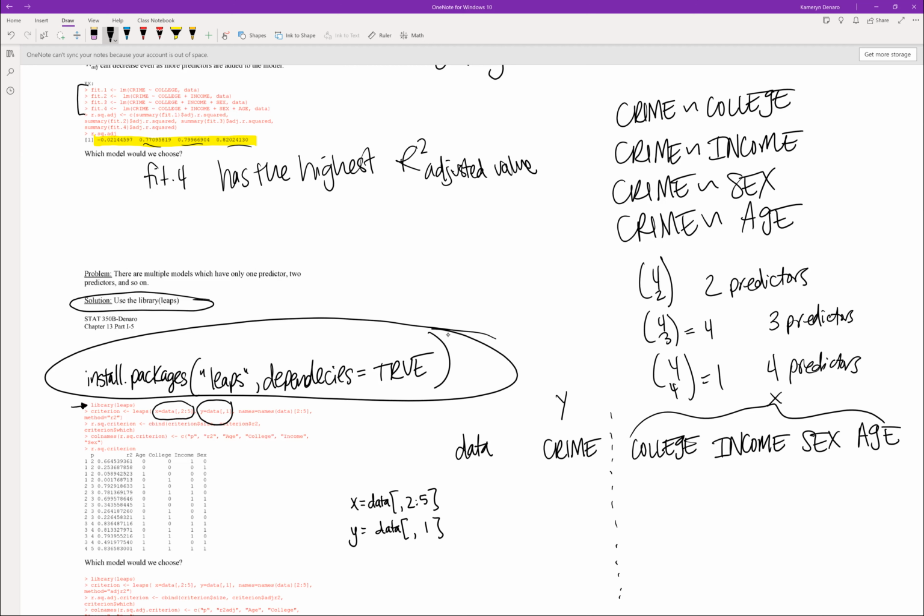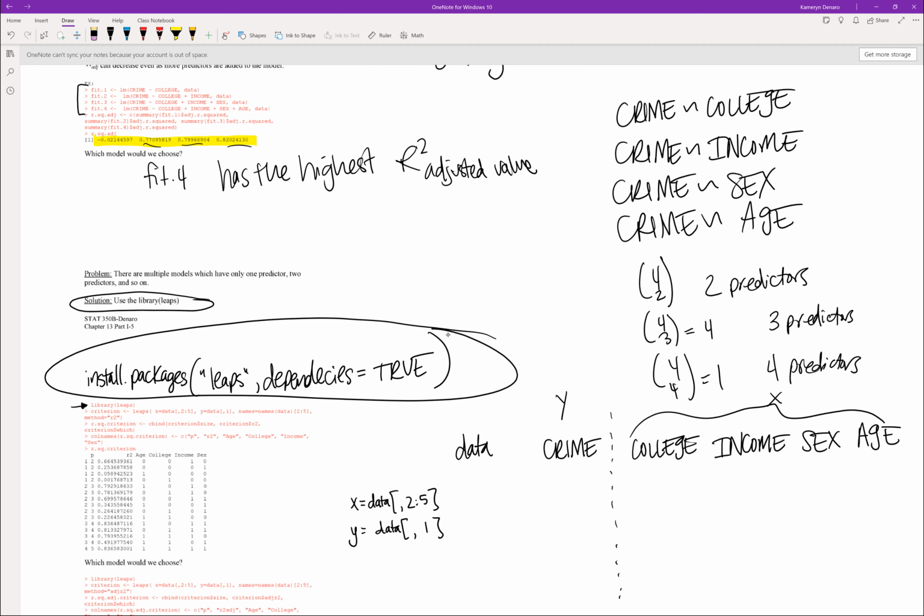And the Leaps package, what it's going to do is calculate all the different models that we just talked about of size 1 through 4. And I asked it to calculate the R-squared criterion.